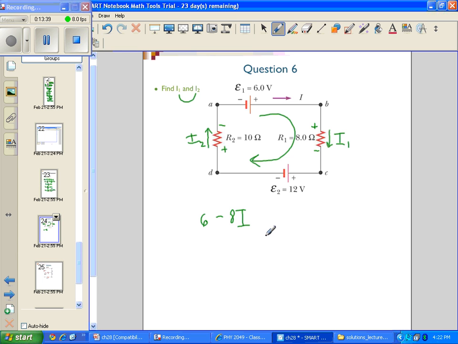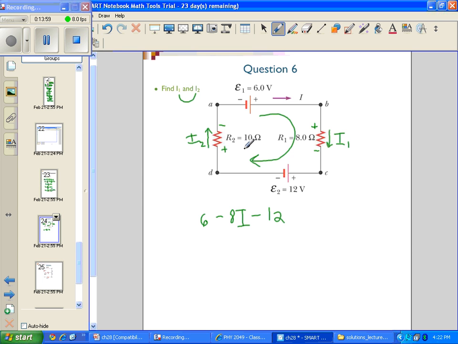And of course the I is I1, which is the same as I2, so I'm just going to leave it as I. Then I come over here to the second battery, E2, and I'm traversing from positive to negative, so this again will be a drop in potential, or a minus 12 volts.